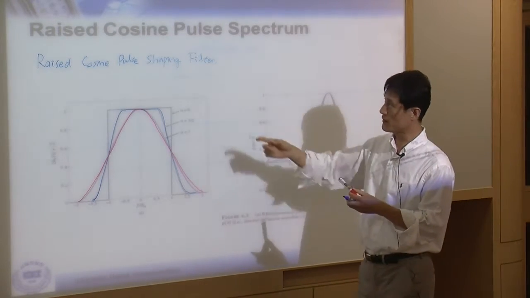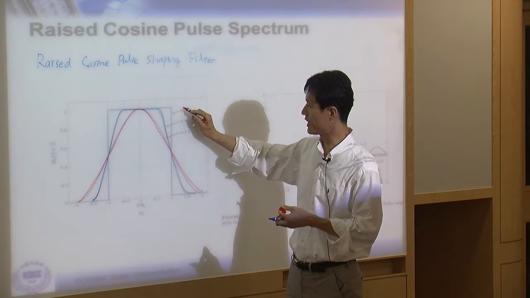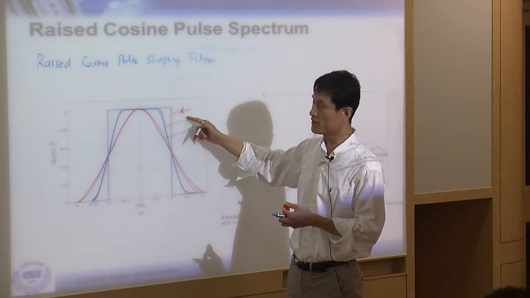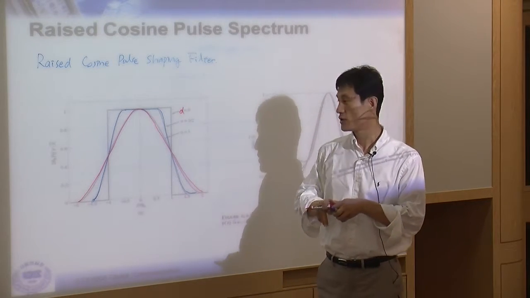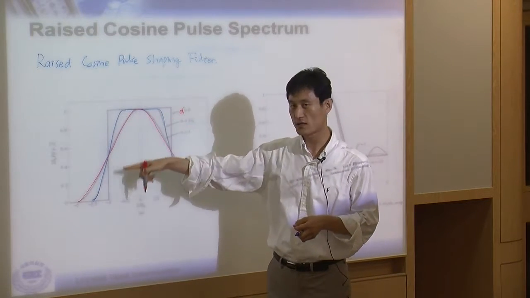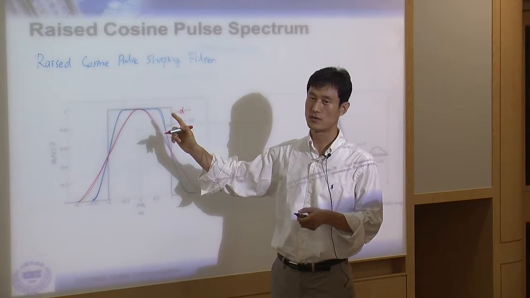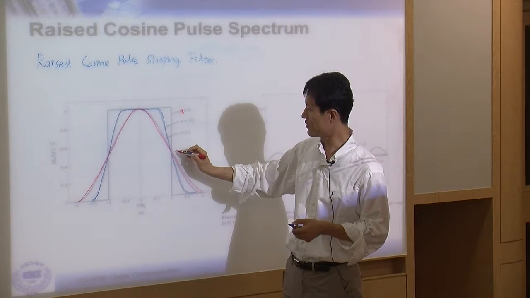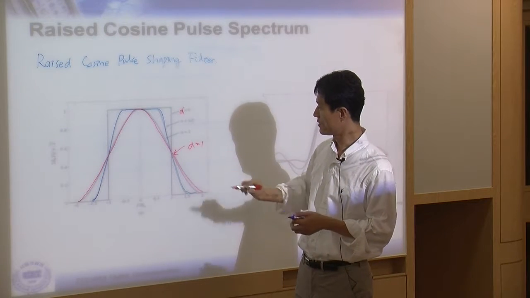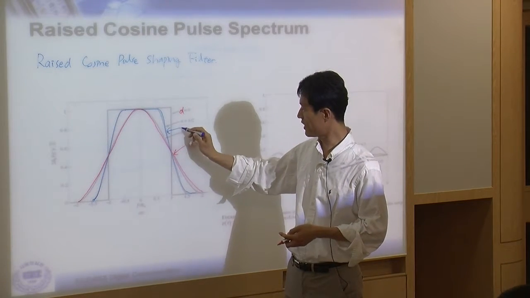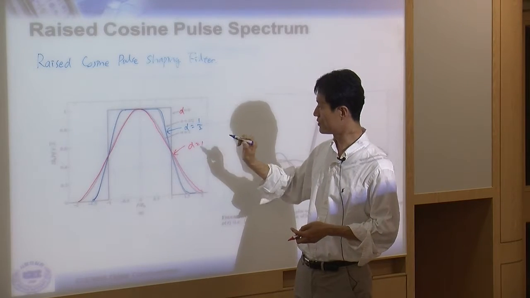In this filter, we have a parameter called alpha. Okay? If you change the alpha value, you can make it the red one or the blue one. The red is the case of alpha equal to 1 and blue is the case of alpha equal to 1 over 2.